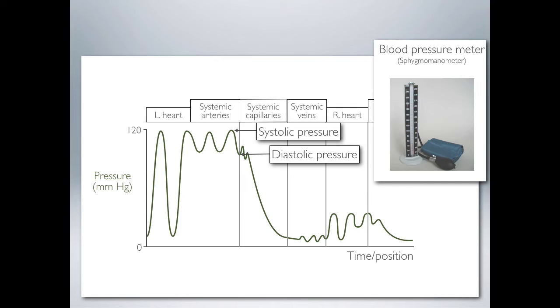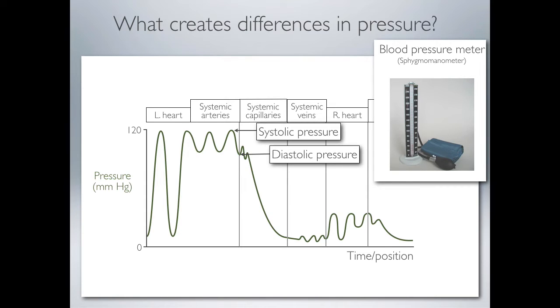So when blood is pushed through capillaries, small vessels, the pressure drops. And it's only in the heart that there is the introduction of elevated pressures. All right, so the question now is, what creates this pattern of pressure, or what creates these differences in pressure?